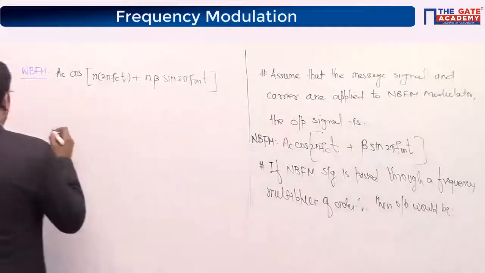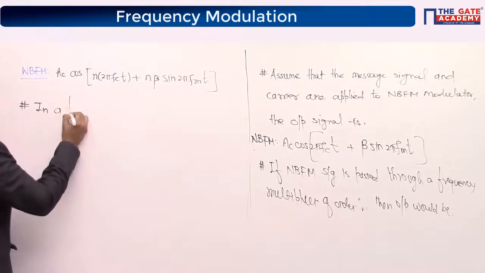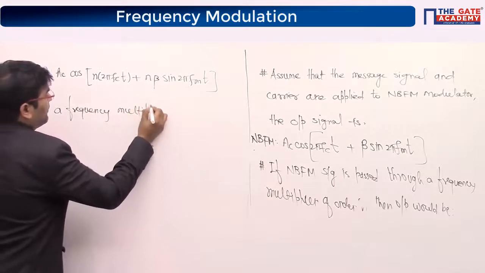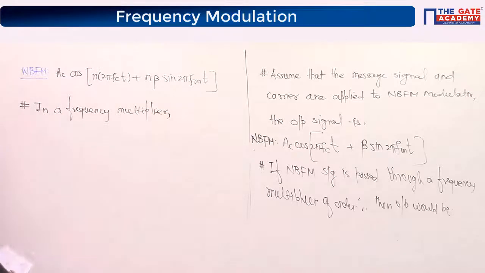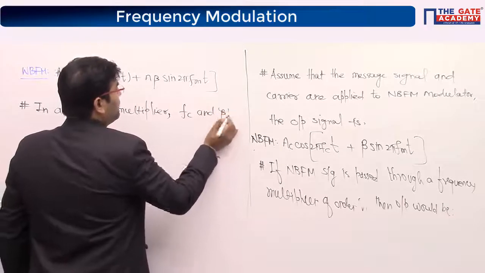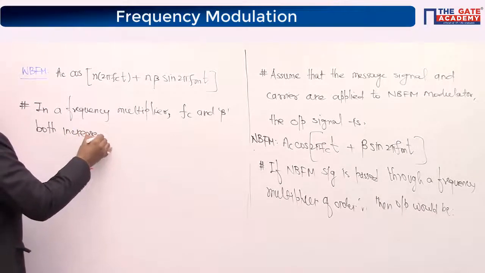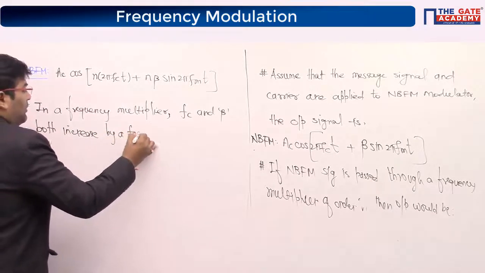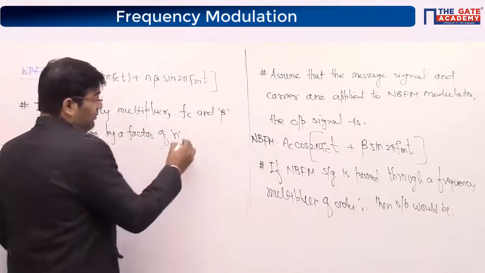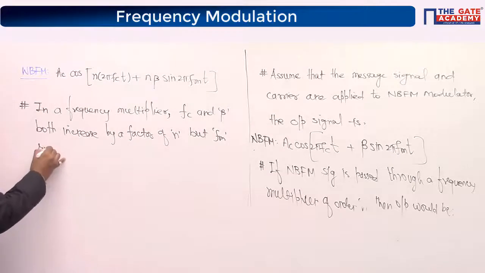So write that point as well. In a frequency multiplier, carrier frequency fc and beta both increase by a factor of n, but the message frequency fm remains the same.